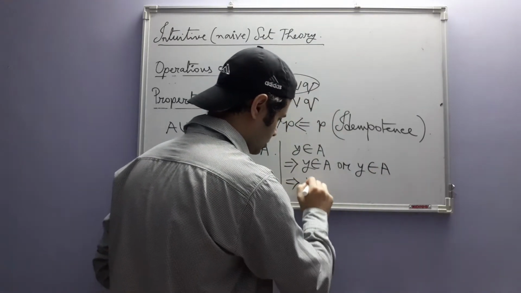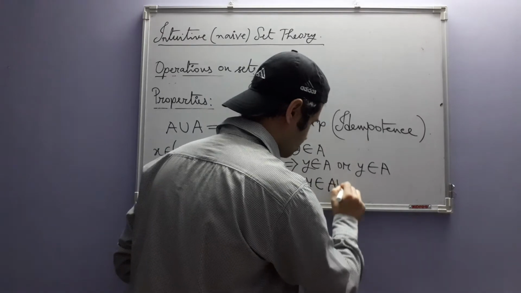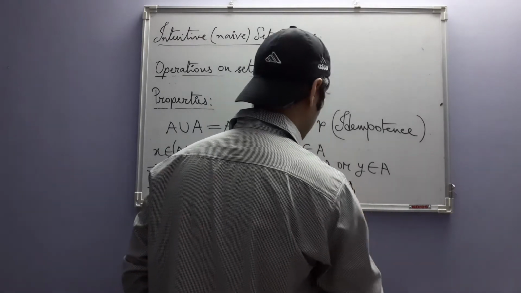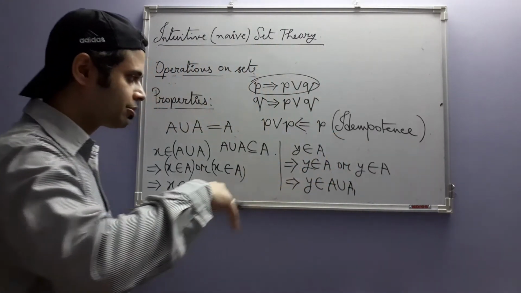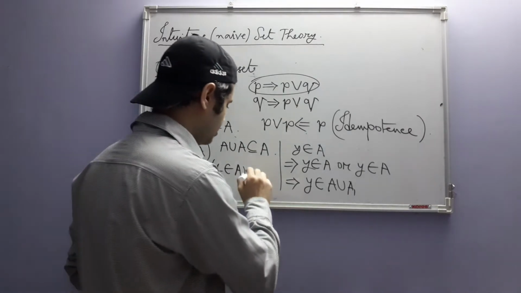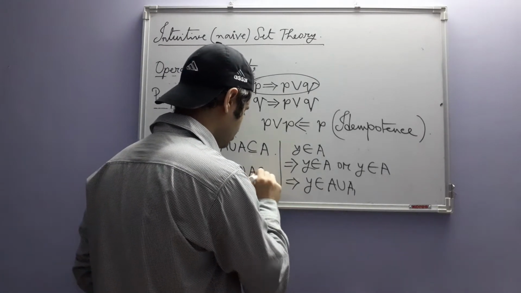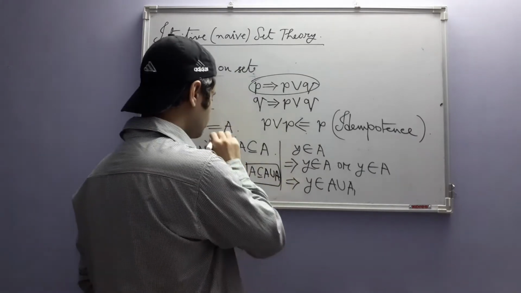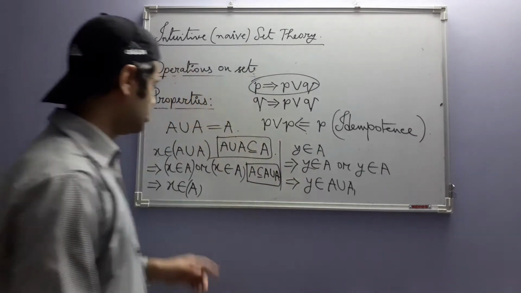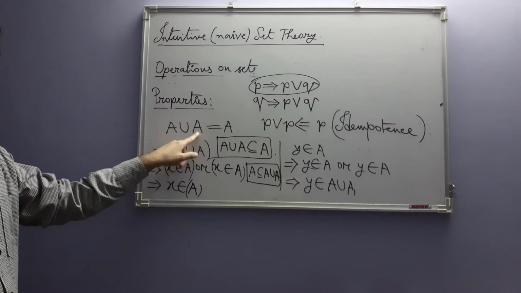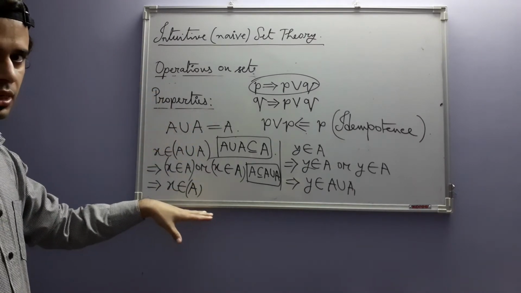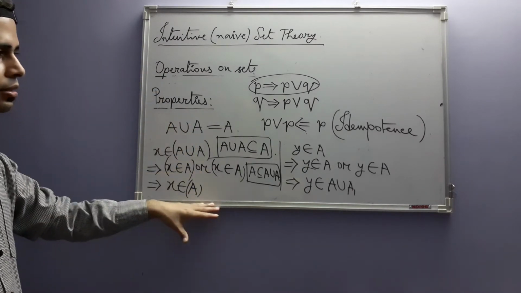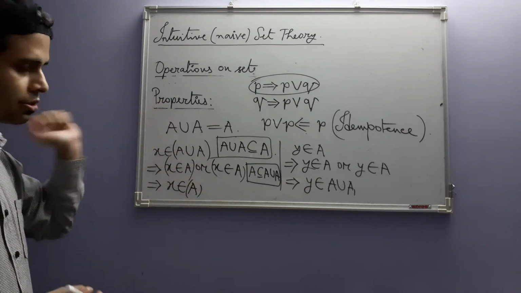So this implies A union A. So any element in A is also in A union A. So that means A is also a subset of A union A. Taking into consideration these two containments, we get equality. So the second property in the third property has also been proved.